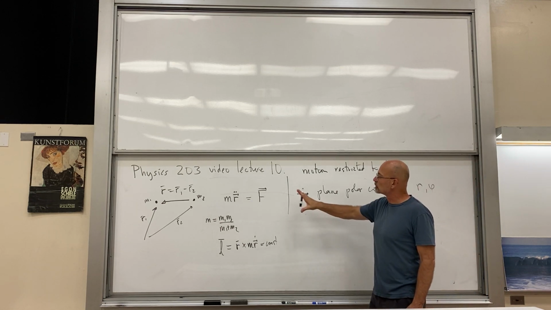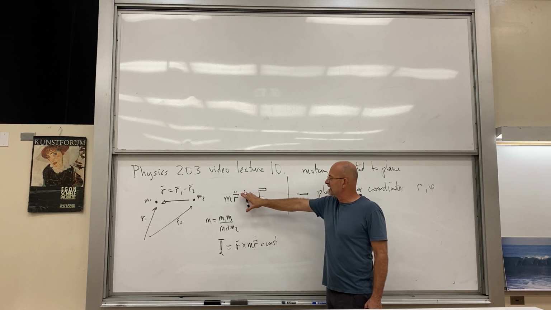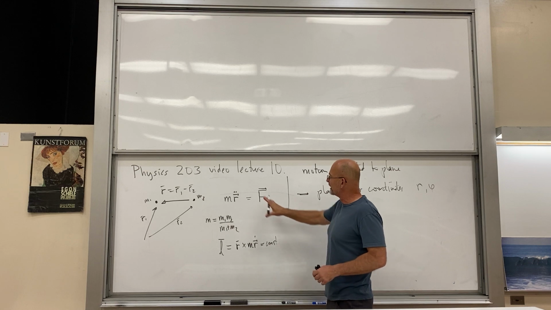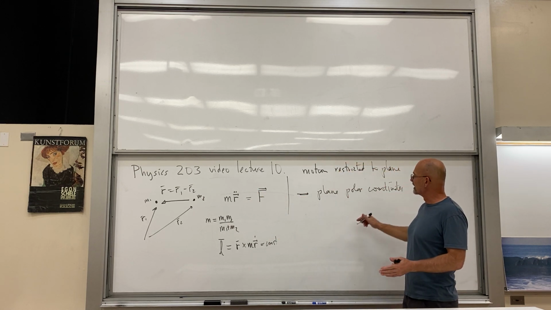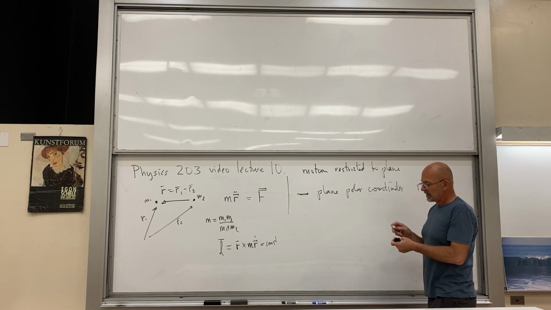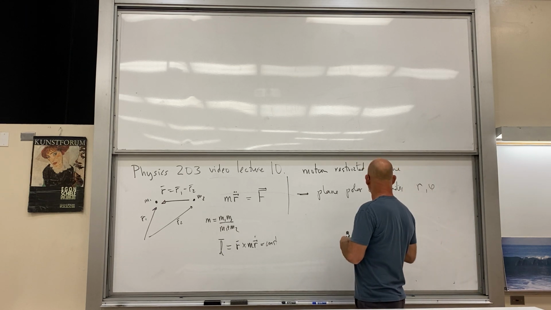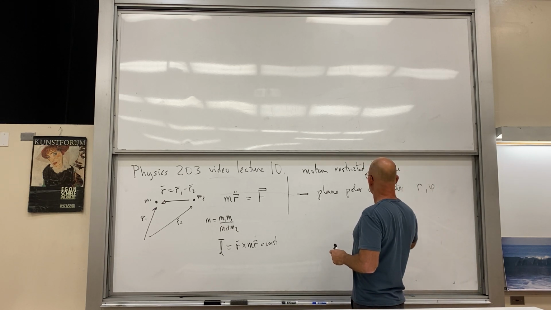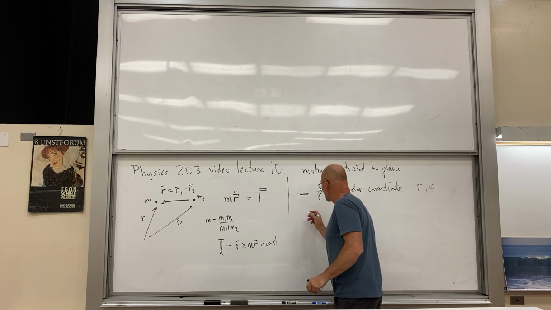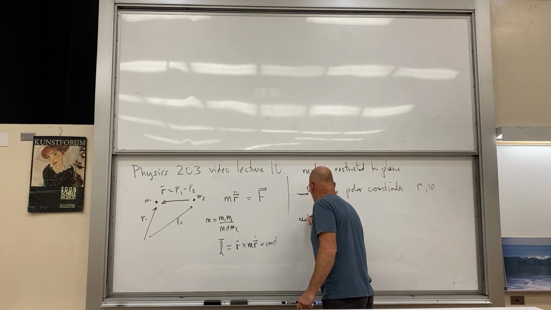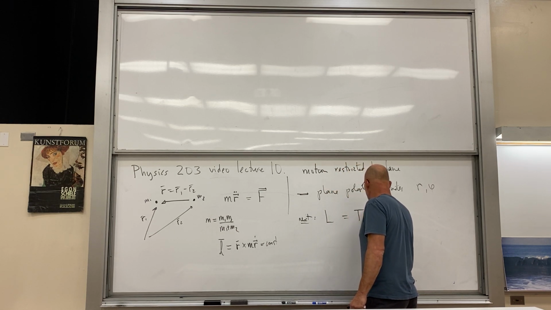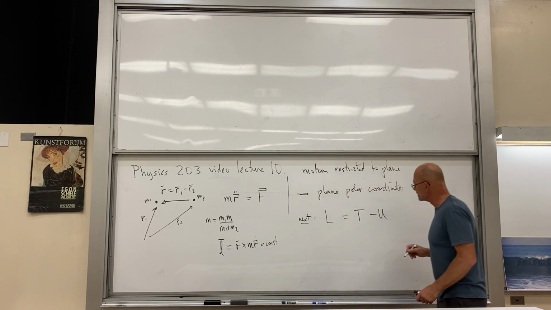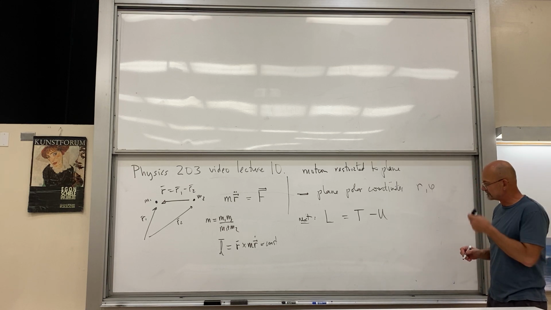Now, we're doing Lagrangian mechanics, so we need a kinetic energy and a potential energy. We don't actually have to begin with Newton's law. We have these conservation laws, plane polar coordinates. So next we're going to construct the Lagrangian, T minus U, the kinetic minus the potential energy.